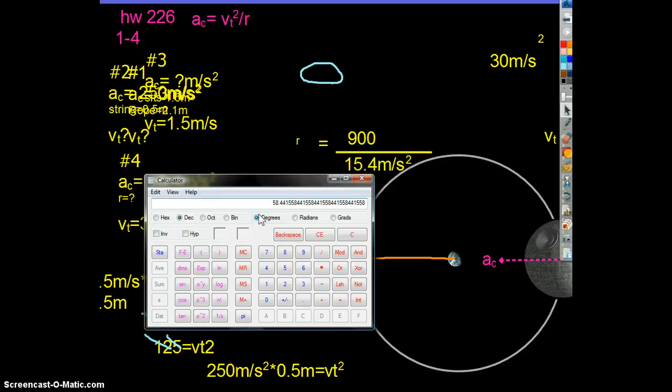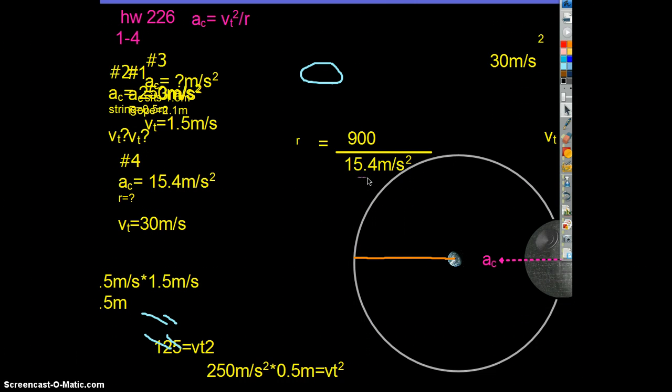If you can read those tiny numbers, they say 58.4, and that parallels what the book says, 58.4 meters from the center of the track to the car. So there's your tangential velocity homework and there's your centripetal acceleration homework.